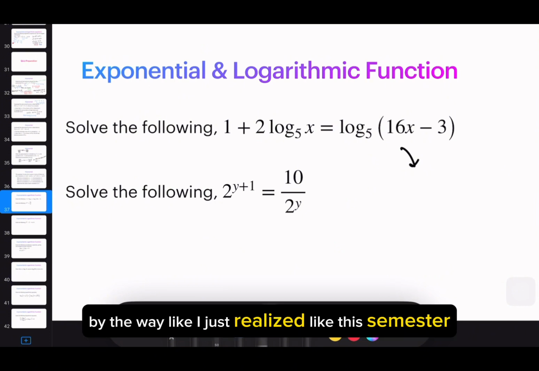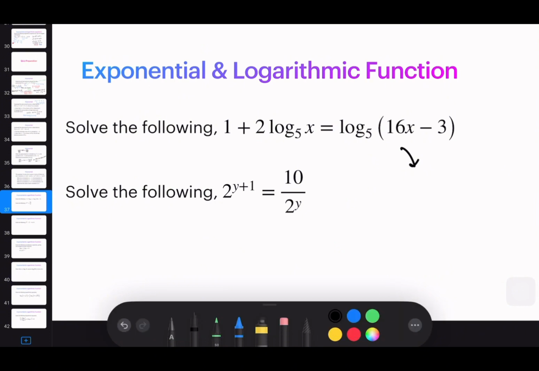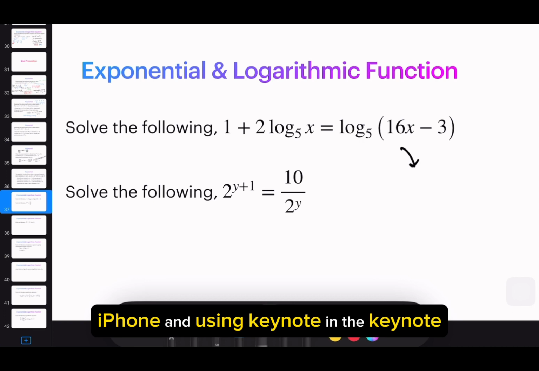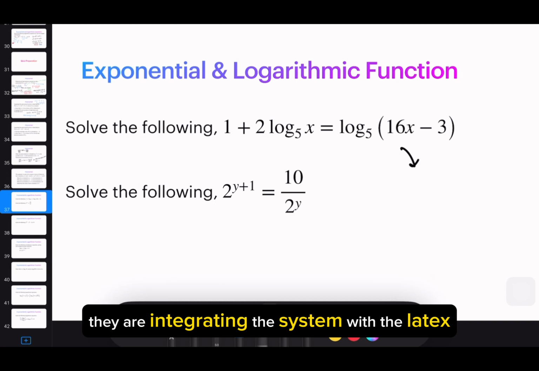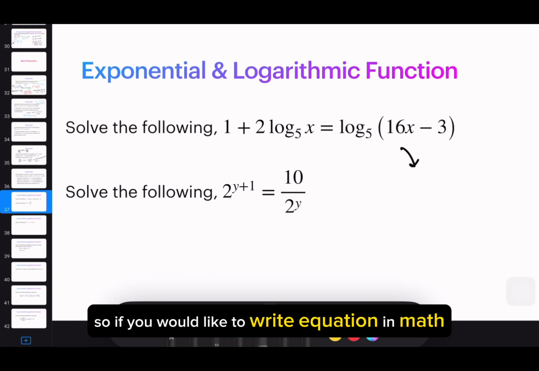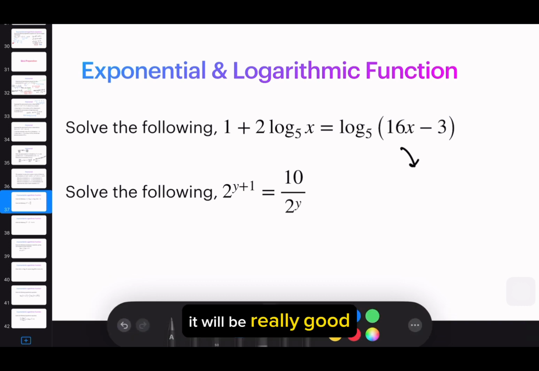By the way, I just realized this semester that if you are using the iPad or iPhone and using Keynote, they are integrating the system with LaTeX. So if you like to write equations in math, it will be really good.